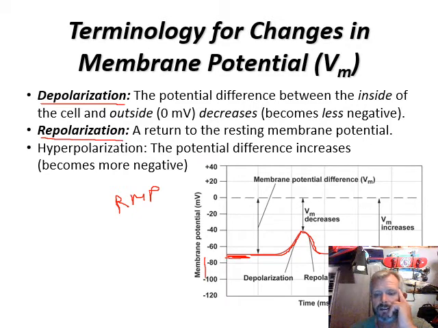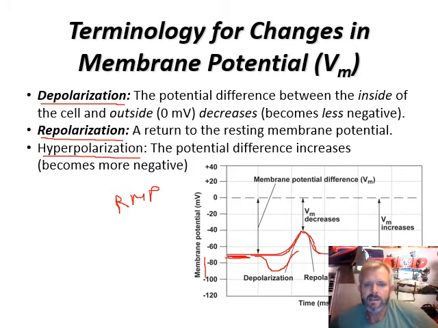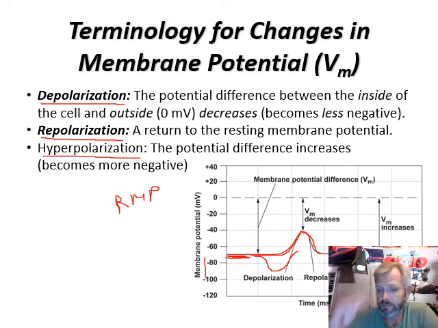And then over here, where my face is sitting, you can see it goes below resting membrane potential, and that is called hyperpolarization. Let's just bring this up now so we can get it out of the way and get our minds thinking around this ability to change permeability of ions to change the membrane potential.